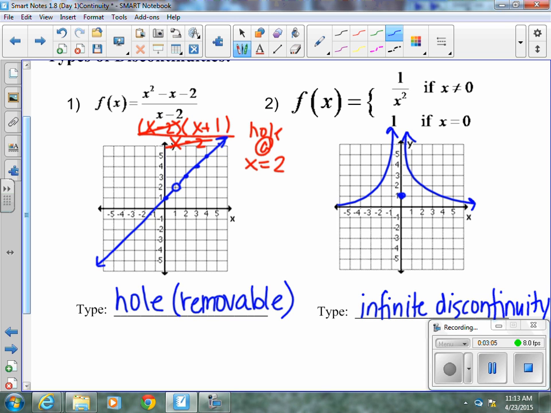It would be an infinite discontinuity whether this point at 0 was there or not. The point doesn't make a difference, but you couldn't draw that all without lifting your pencil. Therefore, it is called an infinite discontinuity when it involves what appears to be a vertical asymptote.